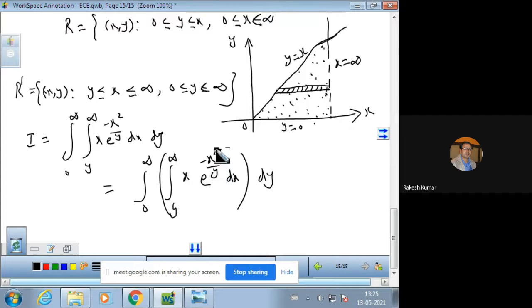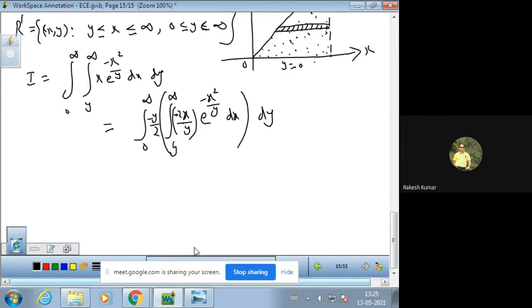Now what is the derivative of this term? That is minus 2x over y. So you will take minus 2x over y, 2 over y actually. Minus 2 over y is there.